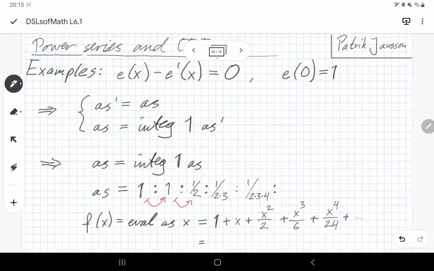And perhaps you've already noticed what function we're after here. This is actually the exponential function. This is e to the power of x. But even without knowing that, it's useful to evaluate it to have the first few coefficients here. It's also worth noting that these coefficients shrink pretty quickly. So that means that when you evaluate this one, we can stop after a while because the coefficients will become very, very small.